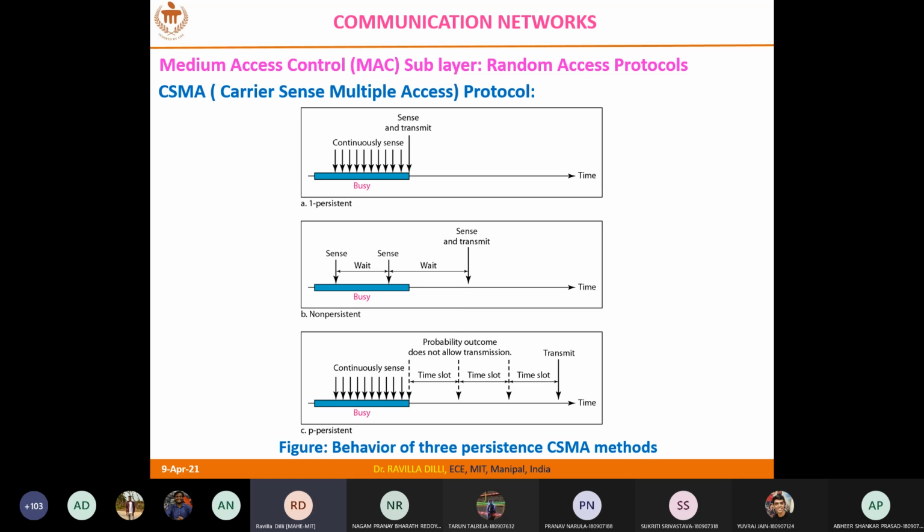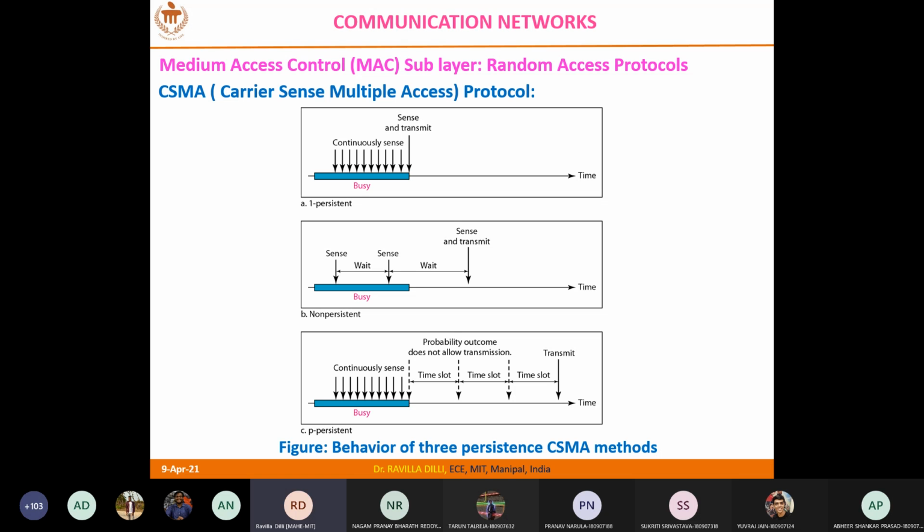So the random amount of time that you spend before the next check is exponentially increased when you find the channel is busy. This is not the story when the channel is idle. When the channel looks idle, immediately you are going to transmit.